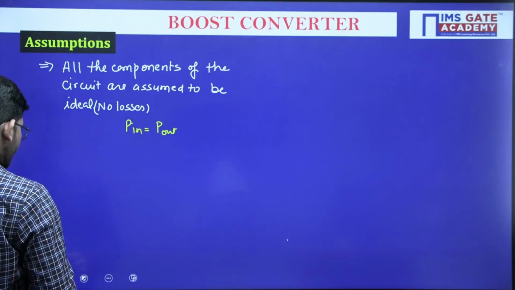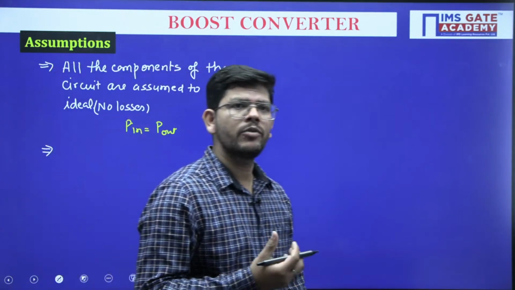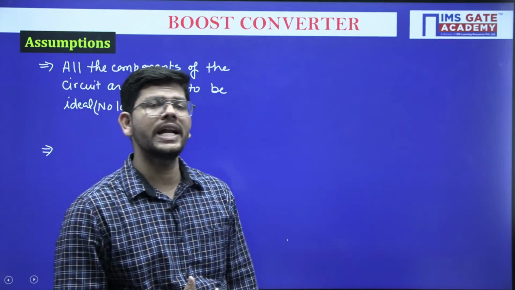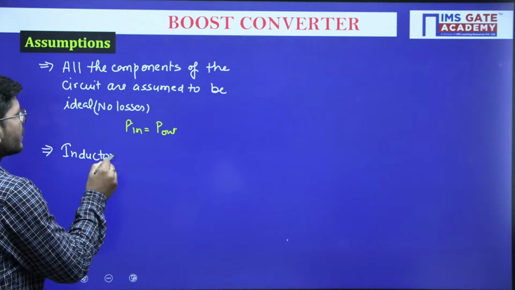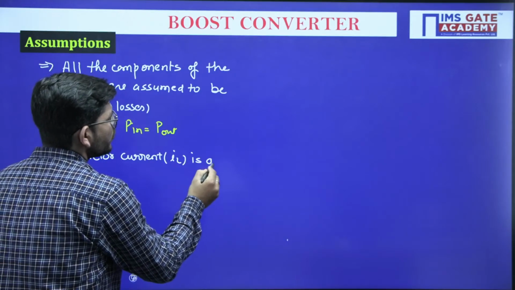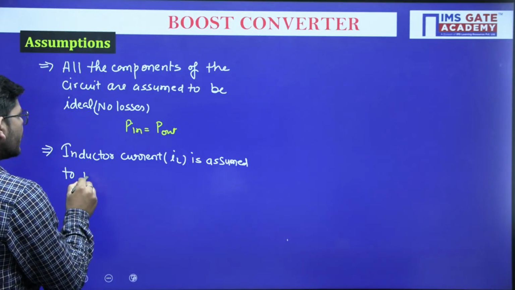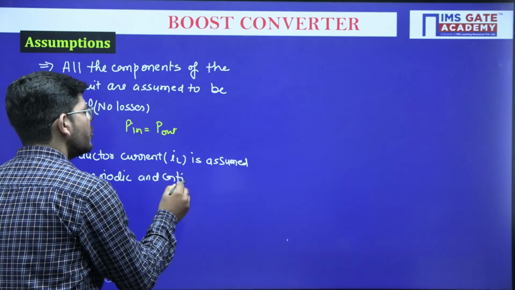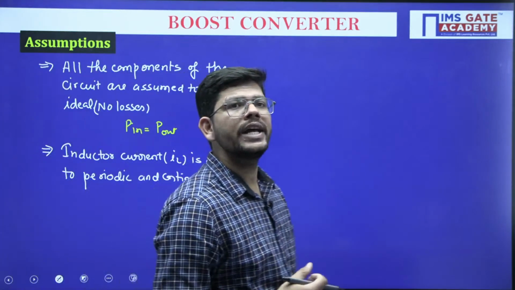The second important assumption that we are going to take is related to the inductor current. And what is that assumption? The inductor current that we are assuming here for this analysis of the circuit is assumed to be periodic and continuous.